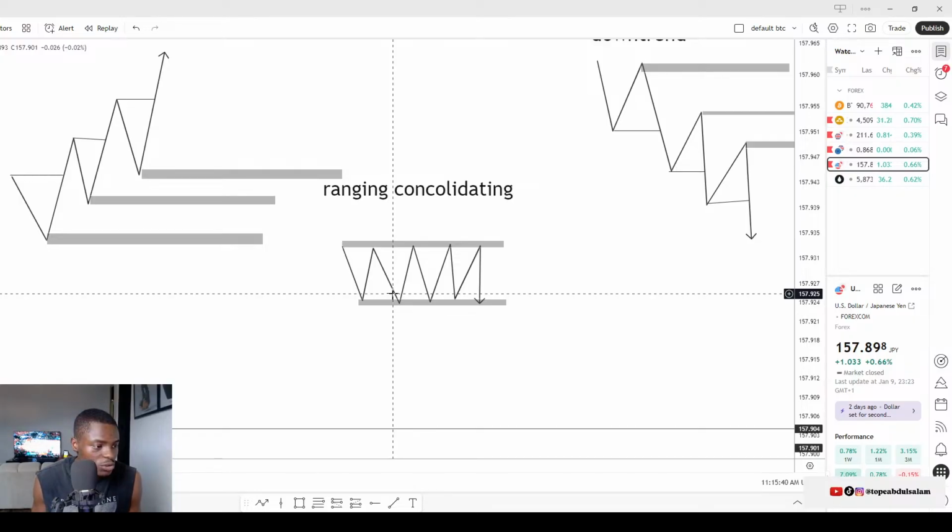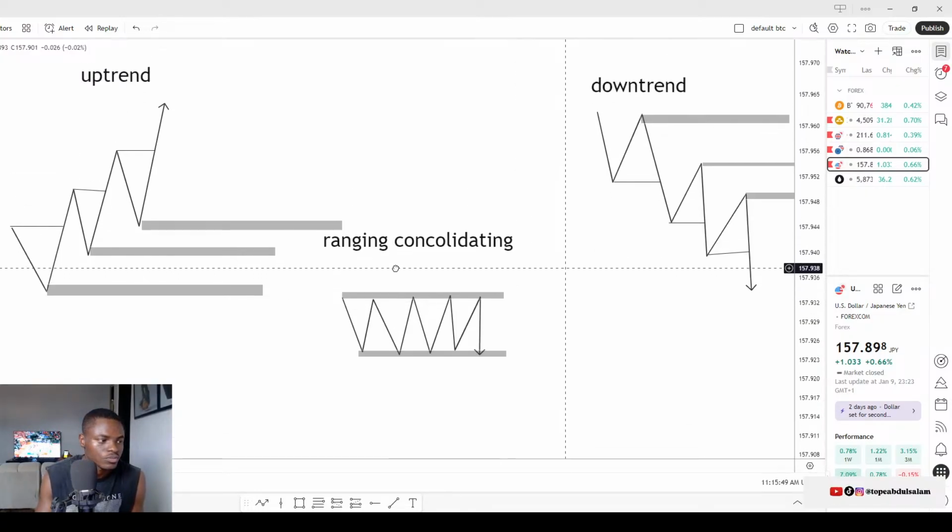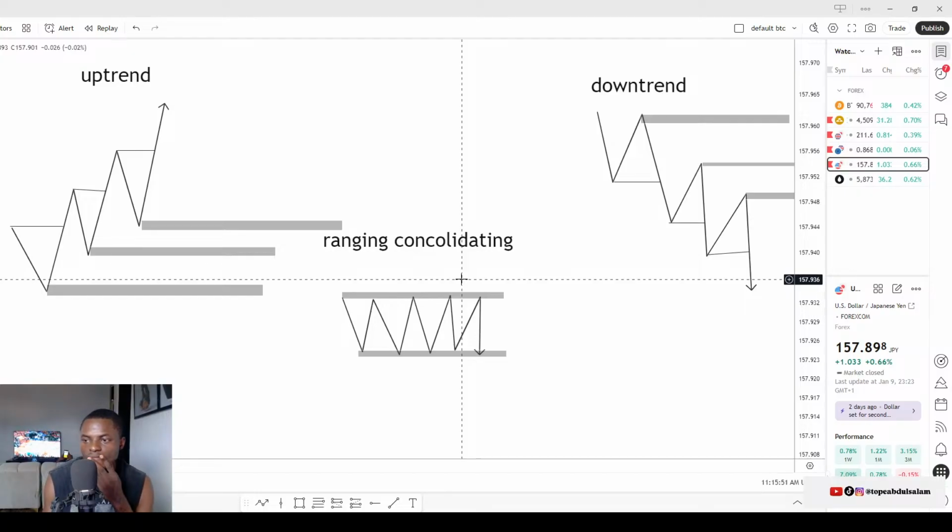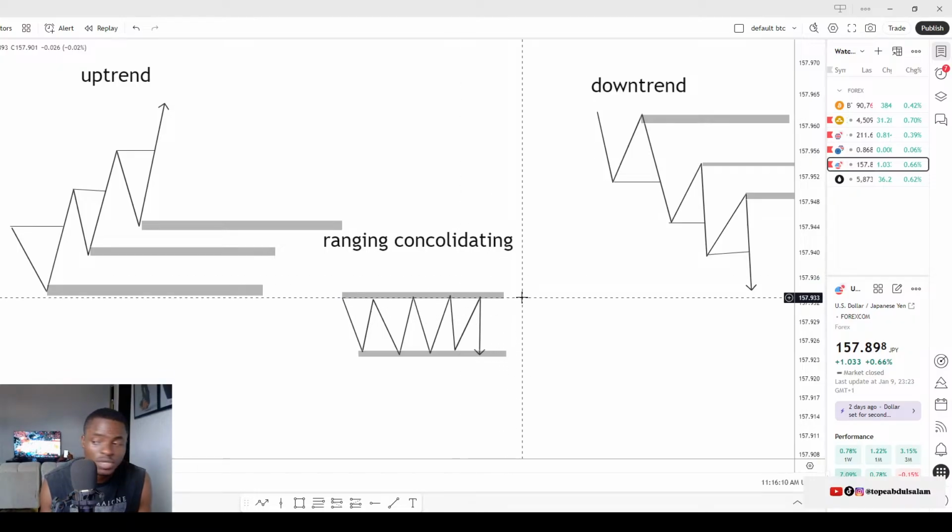If you understand, let me just show you examples on the chart. Should I show you examples on the chart here?